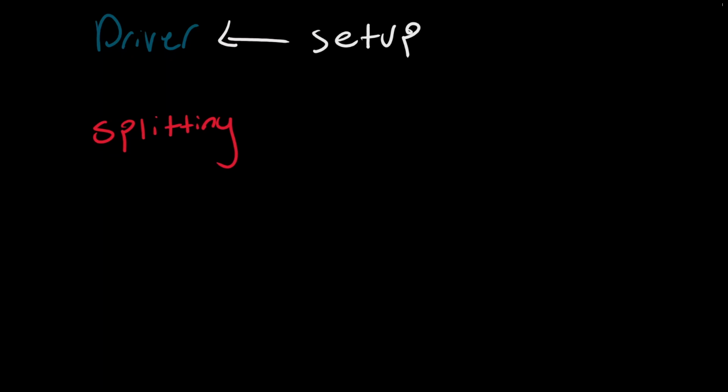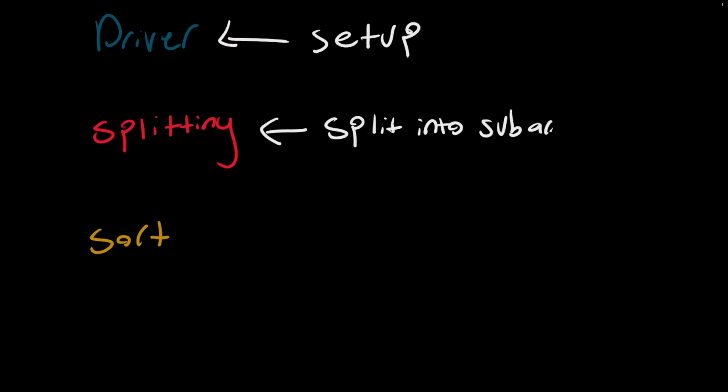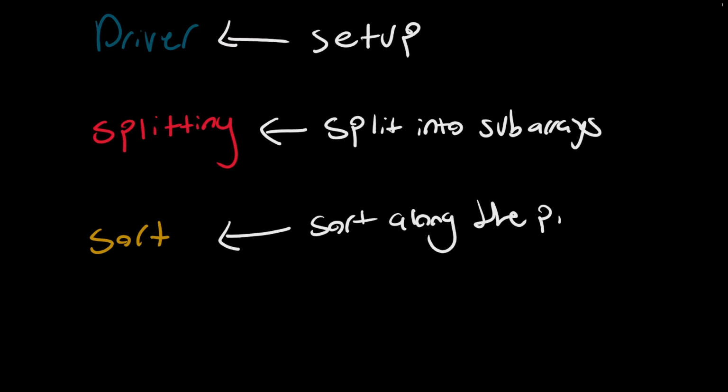Then finally, we're going to have the sorting function where we're sorting back and forth with the pivot that we have just chosen. So this is going to split into subarrays, split into subarrays, and this is going to sort along the pivot.